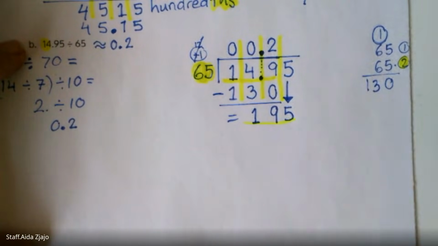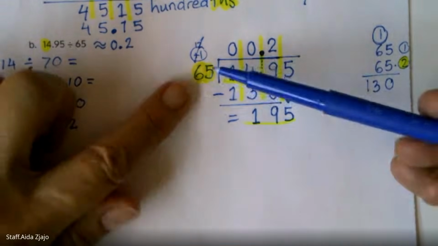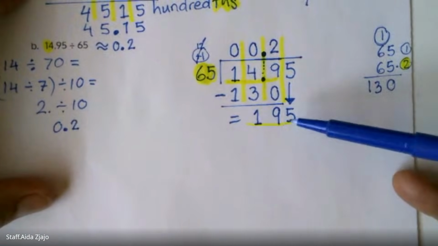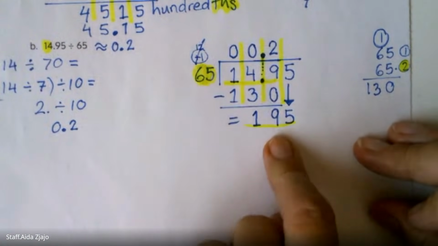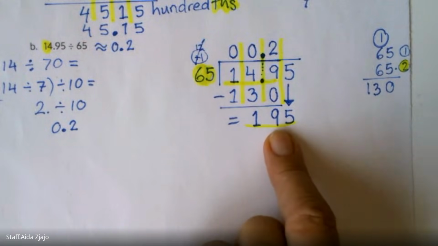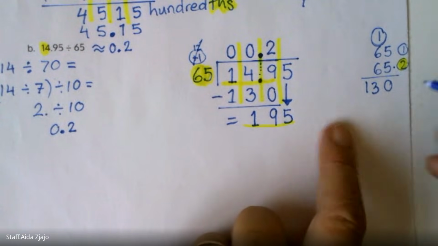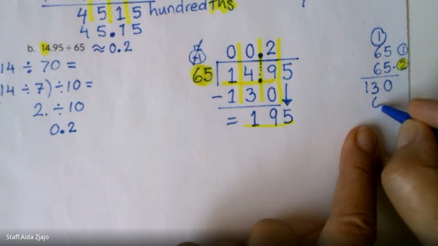You can also guess, keep adding: 60 plus 60 is 120, plus 60 is what? 3 times 6 is 18. It should be 180, sorry.